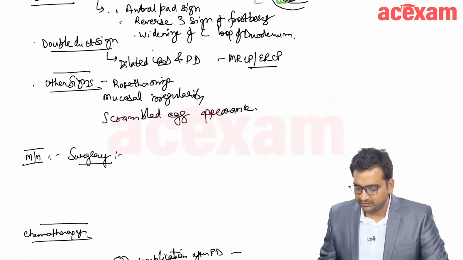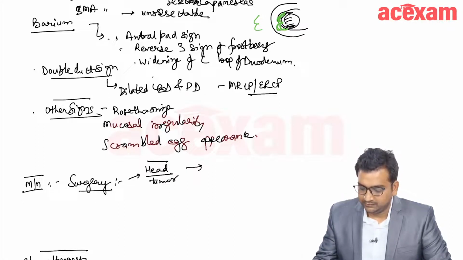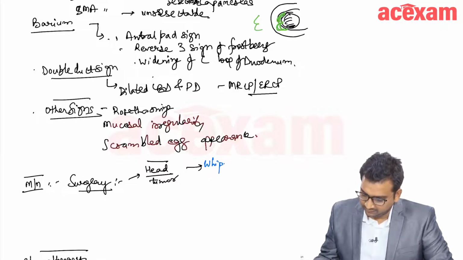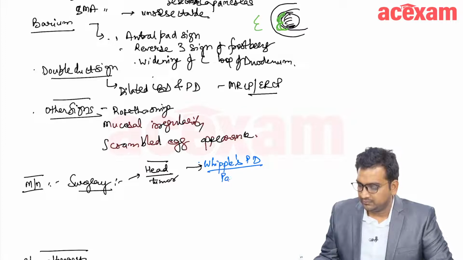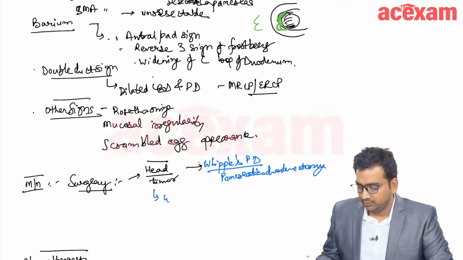So the treatment of choice is surgery, and the surgery is, if the tumor is involving the head of pancreas, for head tumor, the surgery is Whipple's procedure, Whipple's pancreaticoduodenectomy, or a pylorus preserving pancreaticoduodenectomy, which is also known as Longmire Traverso procedure.